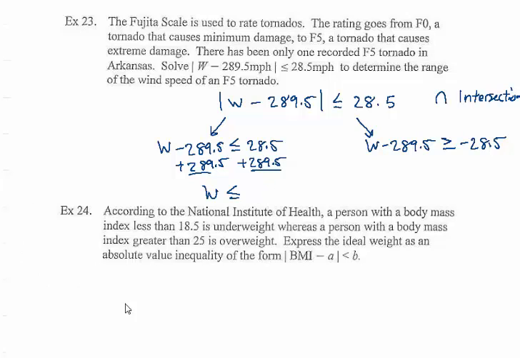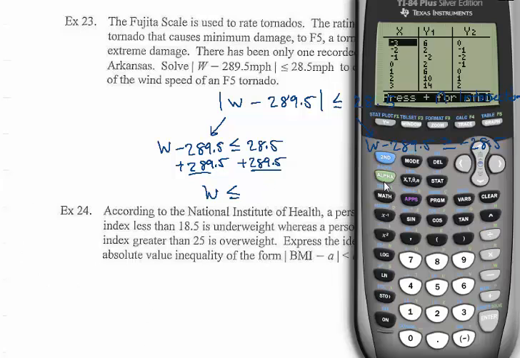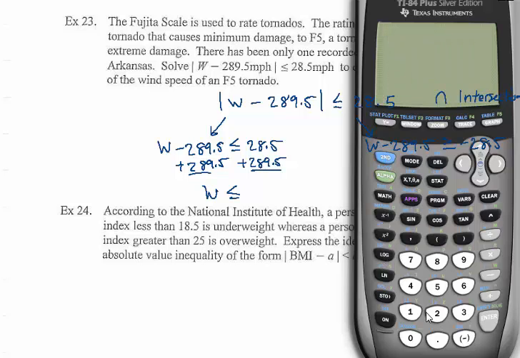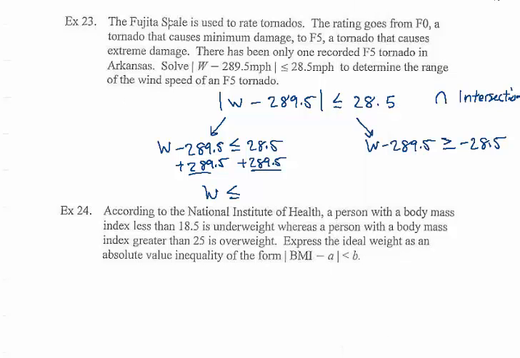Let me pull my calculator back up. 289.5 plus 28.5 is 318. So the wind speeds were less than or equal to 318.